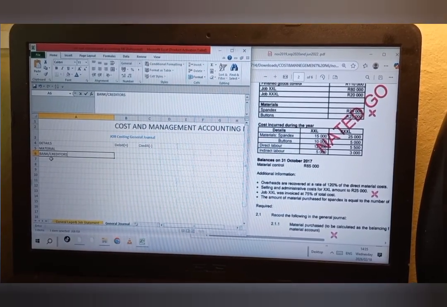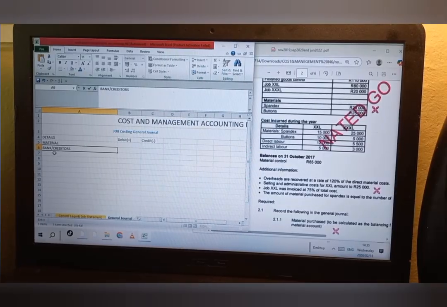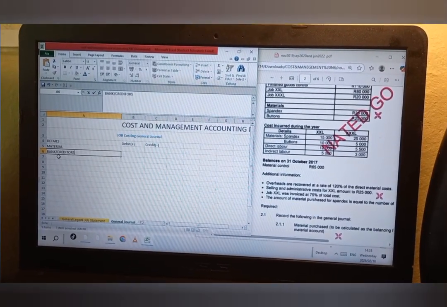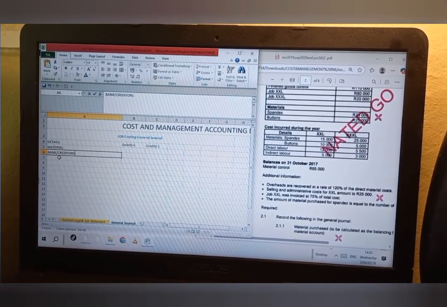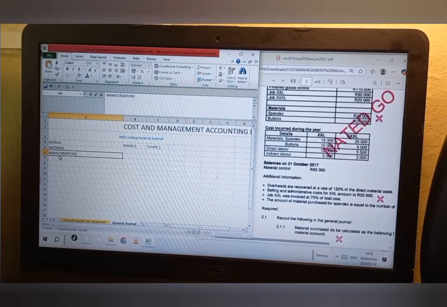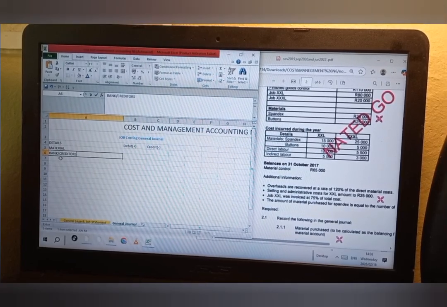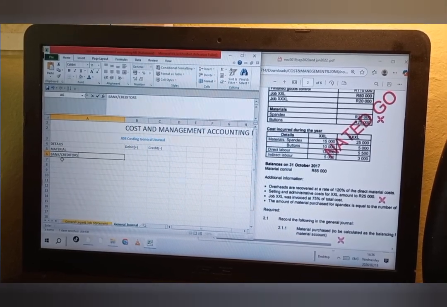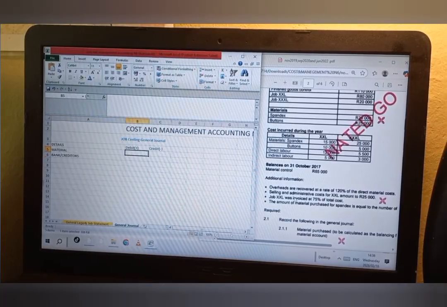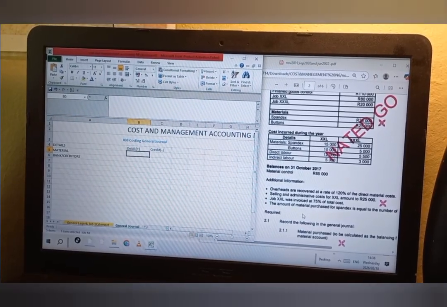The reason why bank: if the business purchased the material in cash, or maybe we purchased goods and services in credit. So if it's cash, it's bank, and if we purchased in credit, it's creditors control. So we need to know how much we spent purchasing the material.